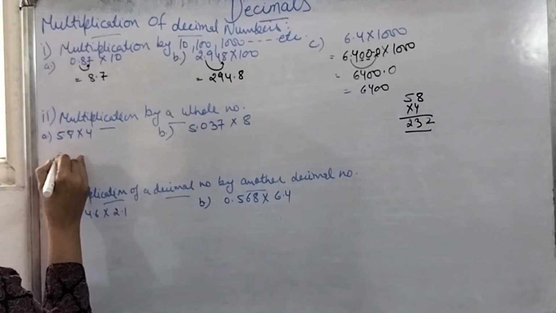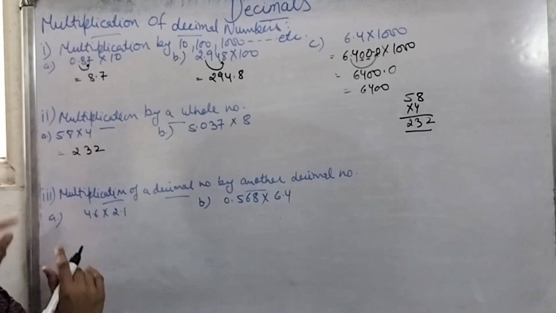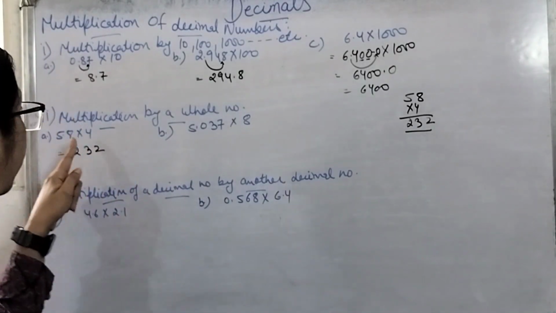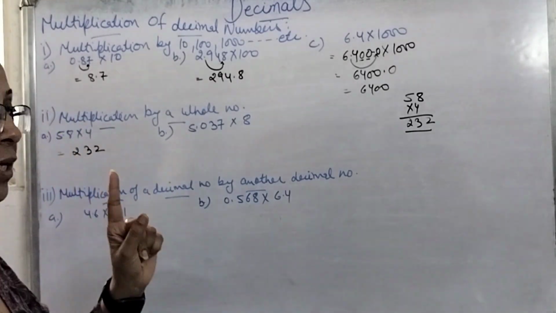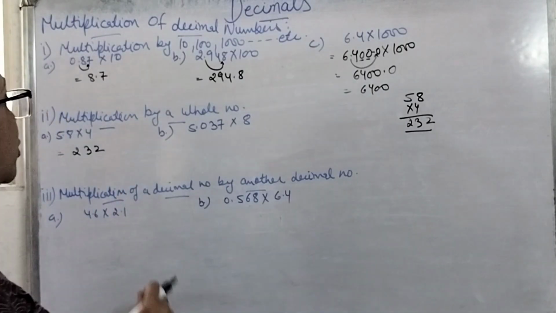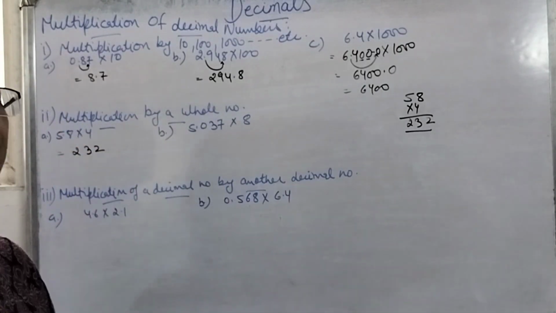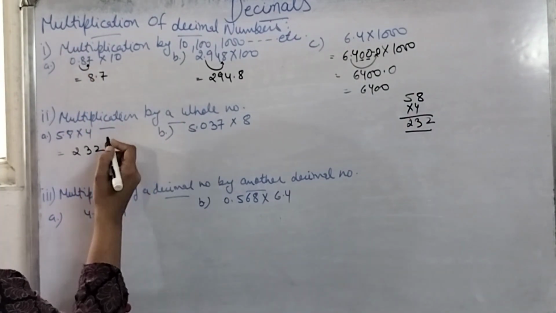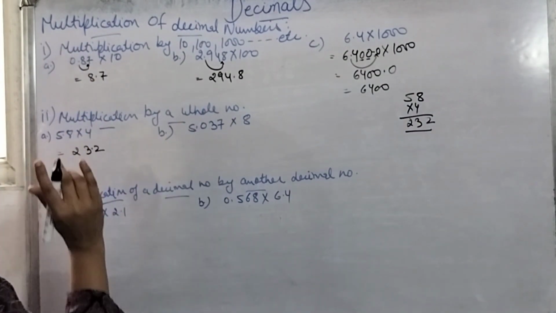Now we are writing 232. In the multiplicand, there is one decimal place, because after the decimal there is one digit. So in the product also we will have one decimal place. For that, from the right hand side, after one digit, we will place the decimal.